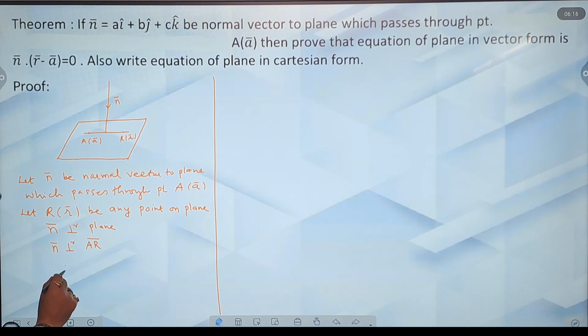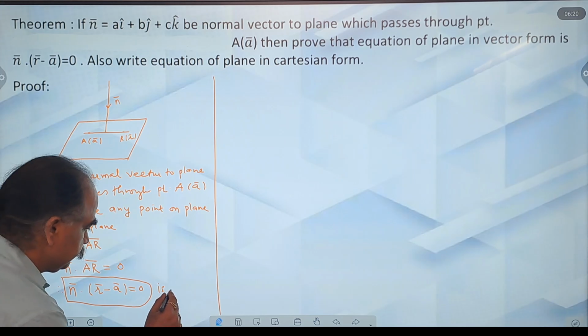So n bar dot AR bar is what? 0. So n bar dot R bar minus A bar is equal to 0. Equation of plane in vector form.